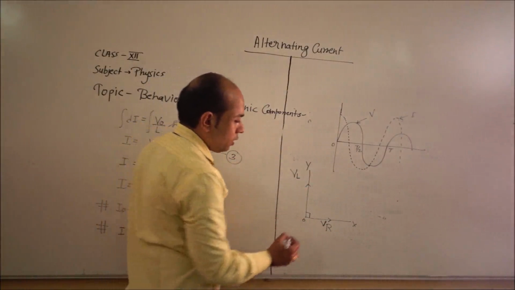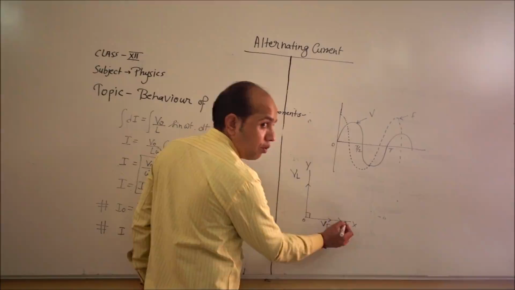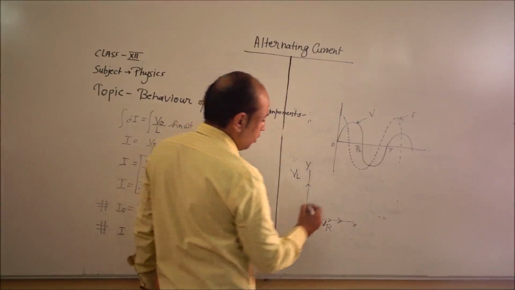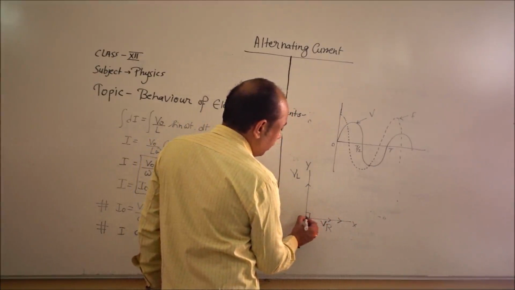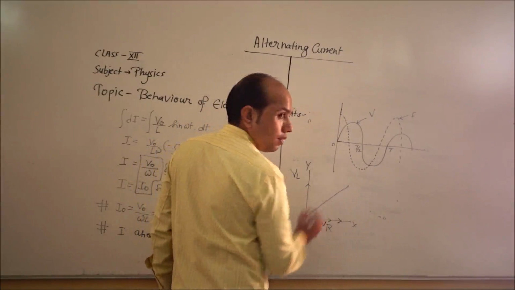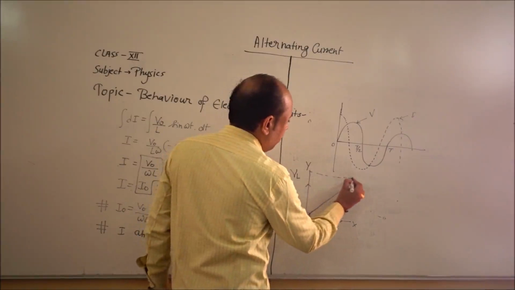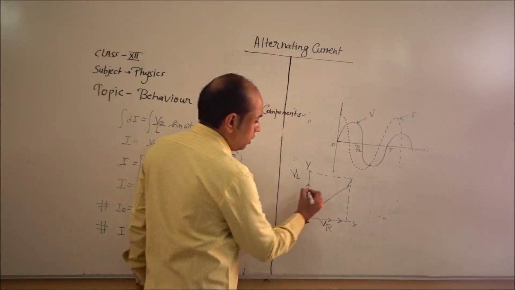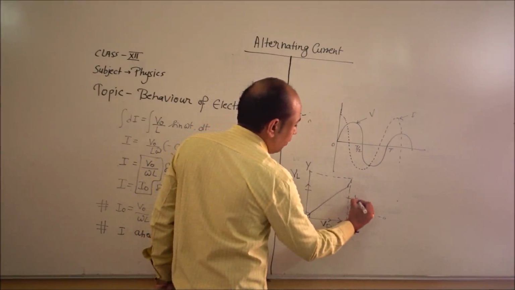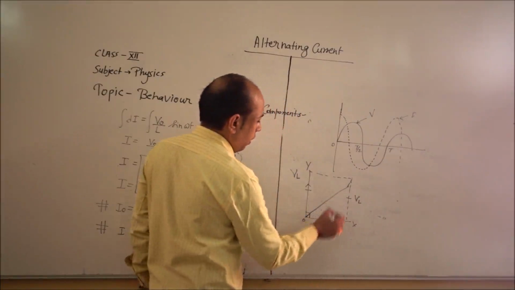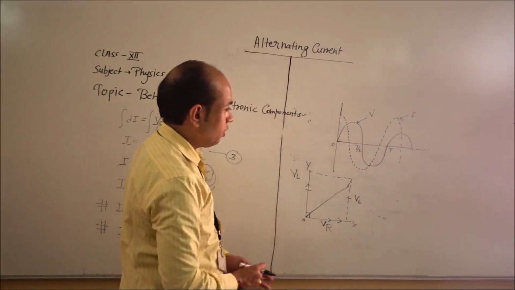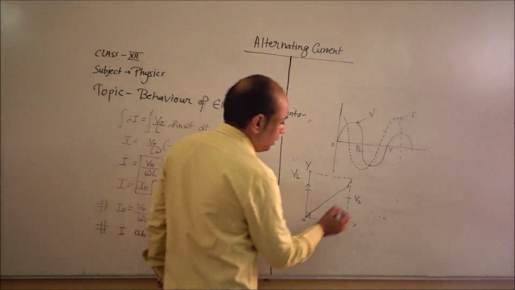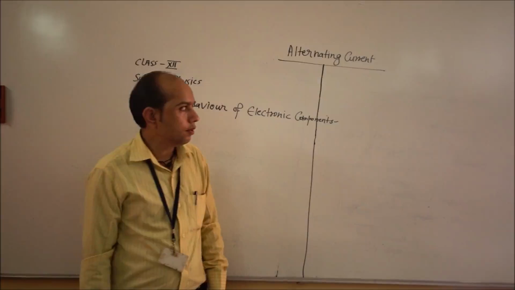In case of resistance, both current and voltage are in the same phase. So we draw two arrows and here one. In order to get the resultant, we draw one line and join perpendicularly. So what we see, this line is VL, so this also indicates VL. Okay. So this is the way to define resistance and inductor.